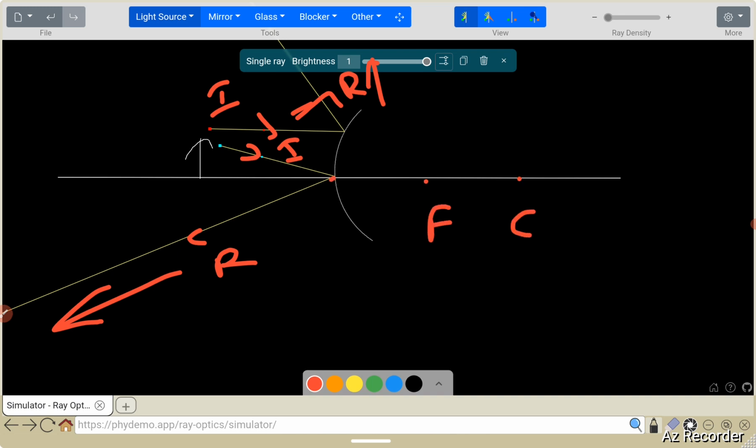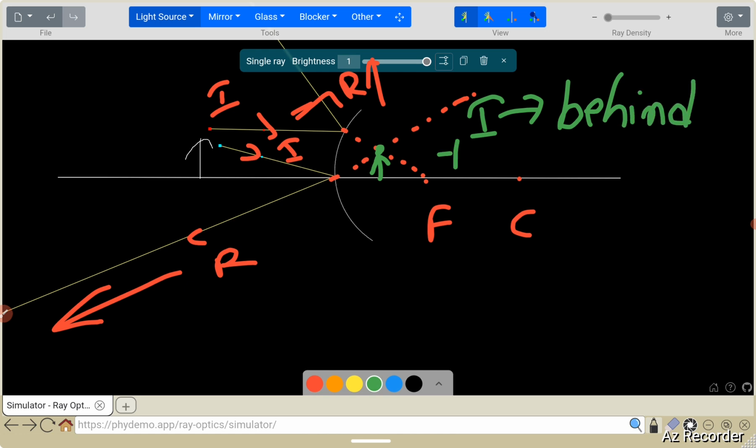Let us extend them behind the mirror. Reflected rays I am extending. Now this is the point where the two extended reflected rays are meeting. So this point you have to take. Understood? So this is what? Image. Where is image formed? Behind the mirror.